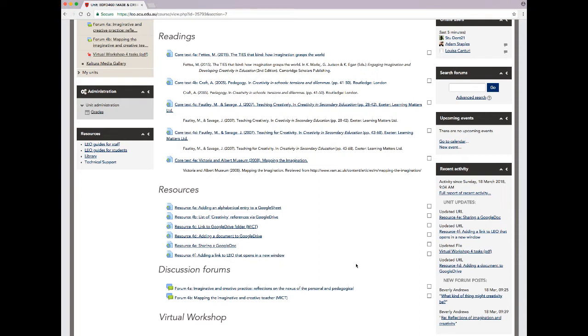What I mean by a protocol is that we're putting together a series of guidelines or questions, a pro forma, that allows us to ask pertinent questions of ourselves: when we are being imaginative, when we are being creative, whether we are identifying those moments appropriately, whether we're missing them, and perhaps what some of the blocks are in really accepting that we are imaginative and certainly that we are creative.